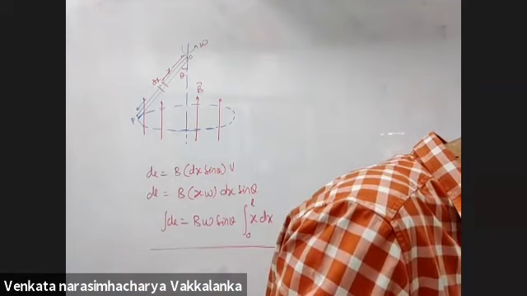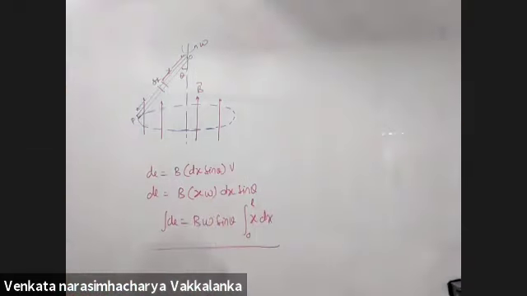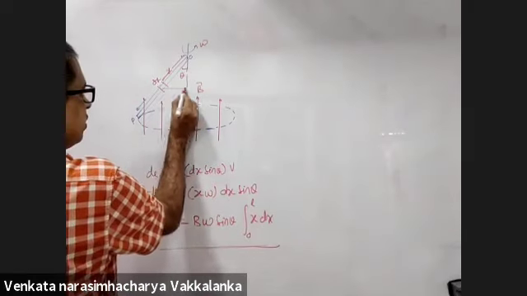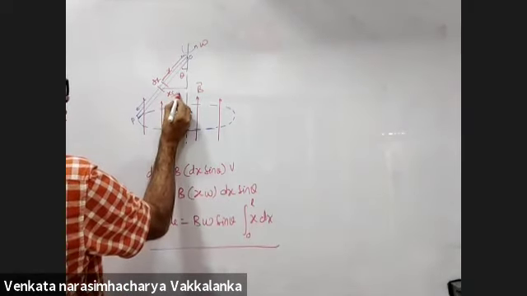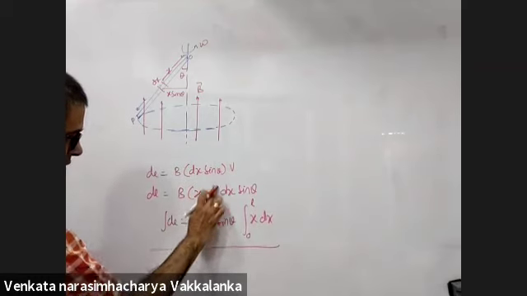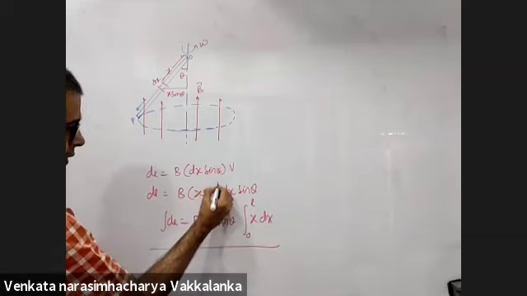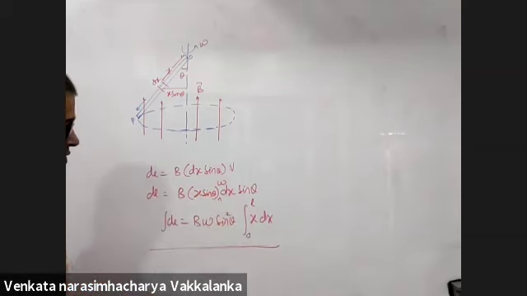Sir, won't it be x sin theta omega? Because that is the radius, right? Oh, sorry. Yeah, x sine theta. V is equal to x sine theta omega. My mistake. So this will become sine square.